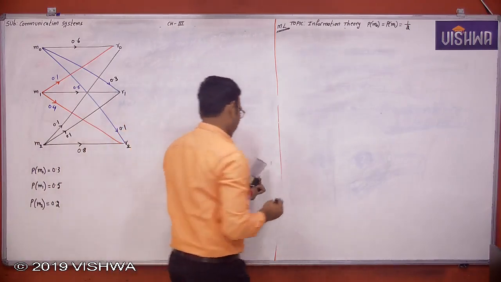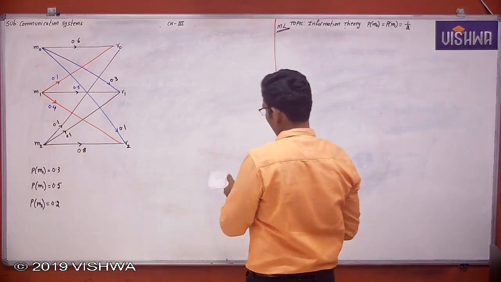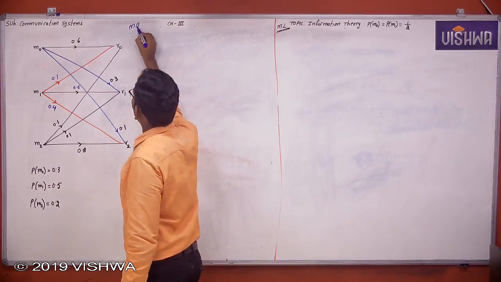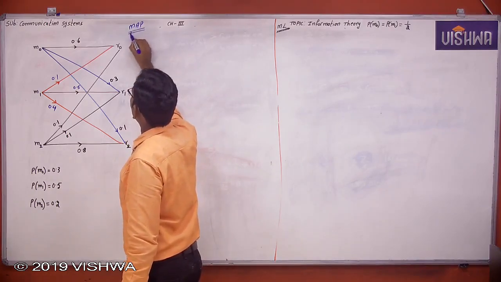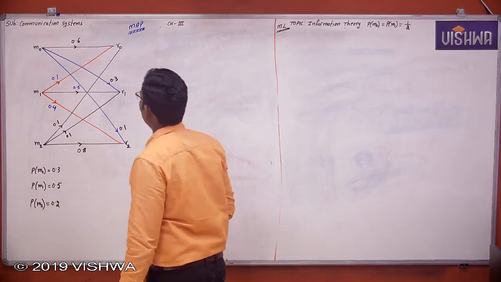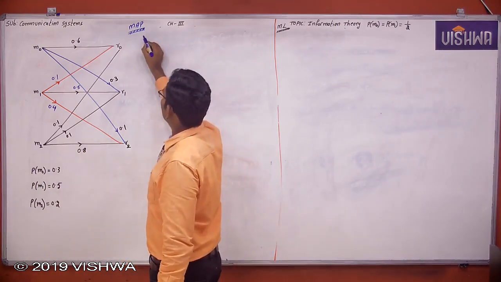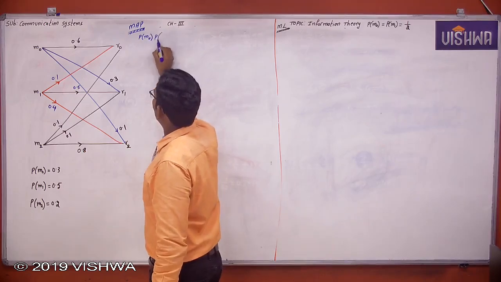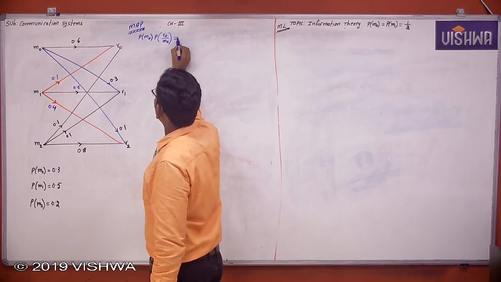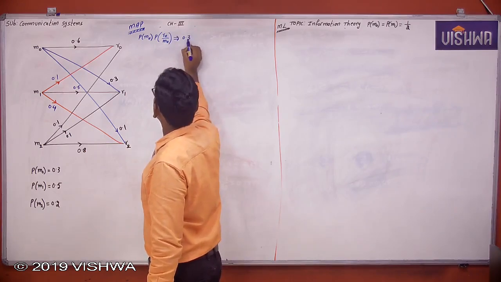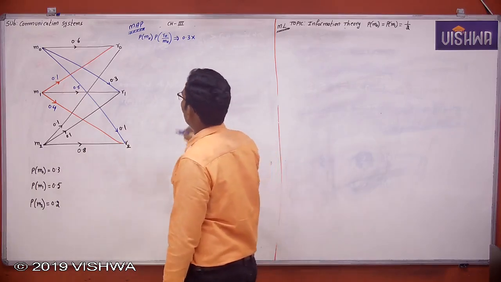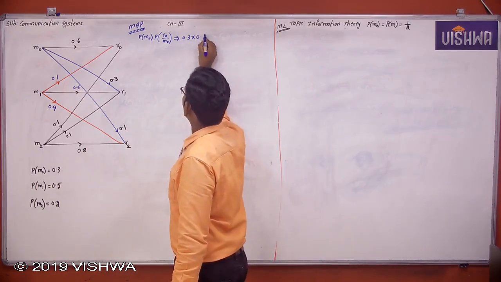Now see here. What is MAP? In MAP, first you take the main product. What is the main product? P of M0 into P of R0 by M0, which is 0.3 into P of R0 by M0, which is 0.6.